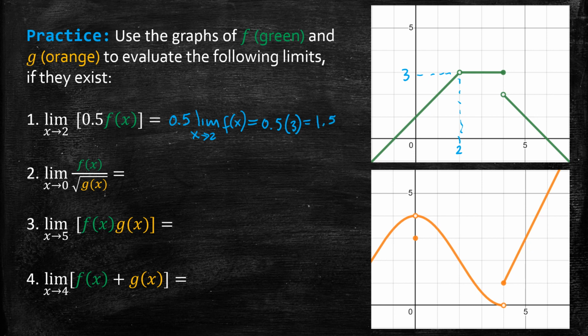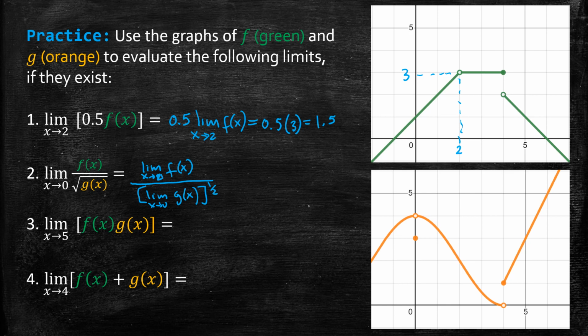In number 2, we use a combination of laws number 4 and 6. And rather than break it down step by step, I'm going to go to the final scenario, which is the limit as x goes to 0 of f of x over the limit as x goes to 0 of g of x, all raised to the half.